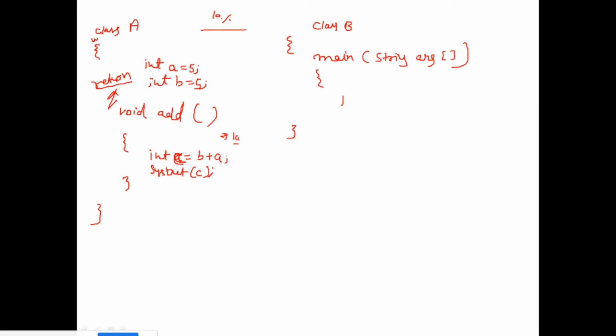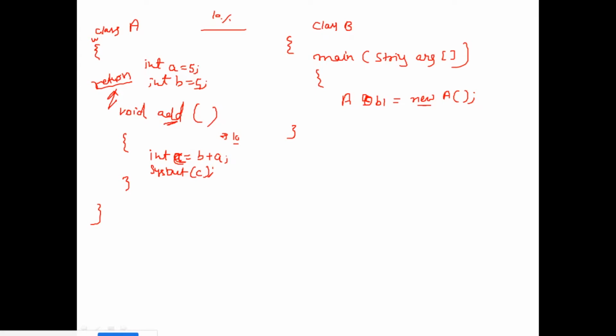Now a class name, this is the object name, you can give it ob1 as well. New A. Yesterday I explained what this new keyword will do, and you can refer to yesterday's session, the video is uploaded.